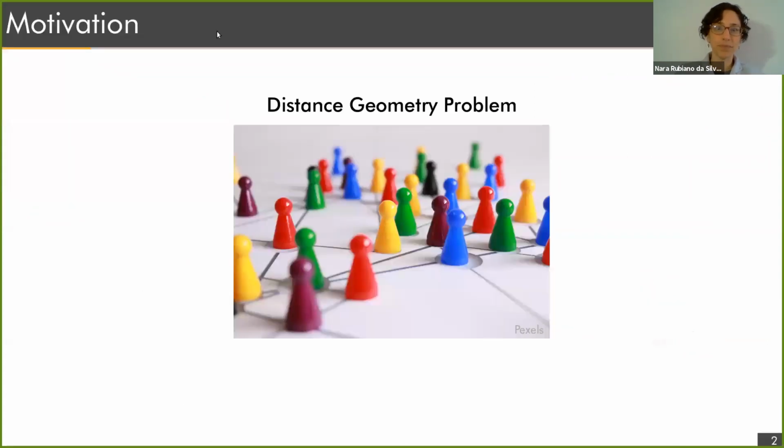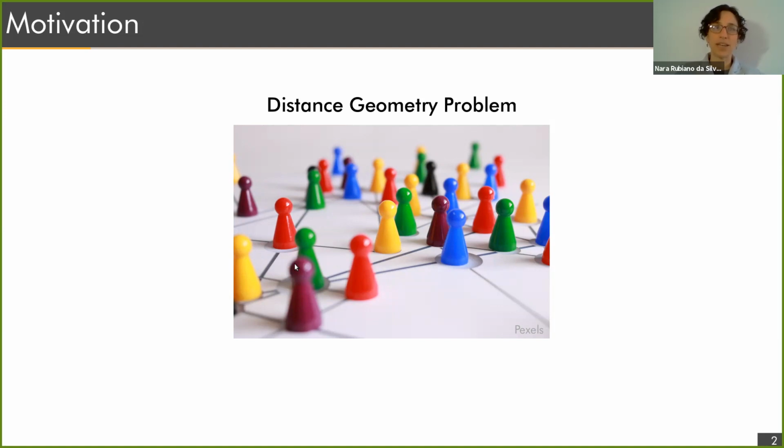Well, probably most of you know better than I do that a distance geometry problem is a problem involving vertices connected by edges, which sounds very abstract for a physicist like me. So why would we be interested in dealing with such a problem?